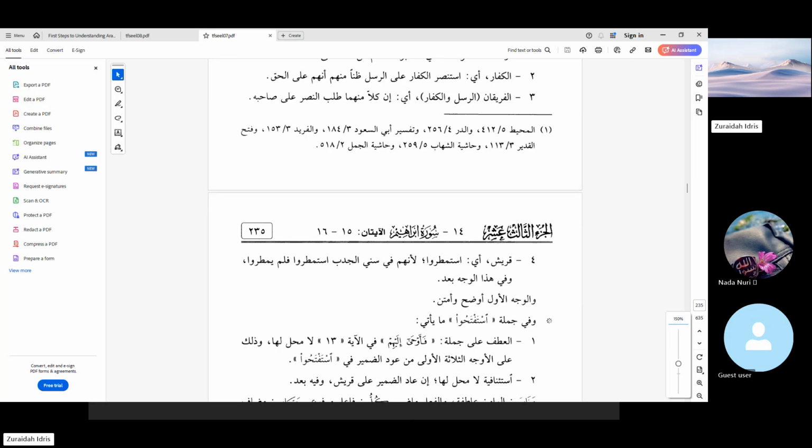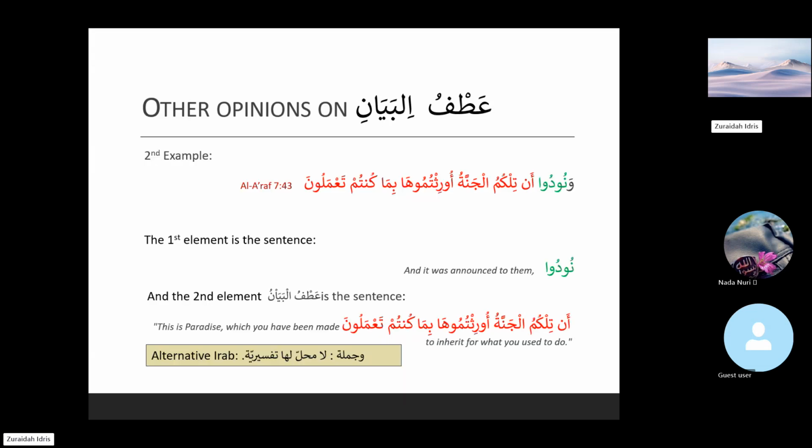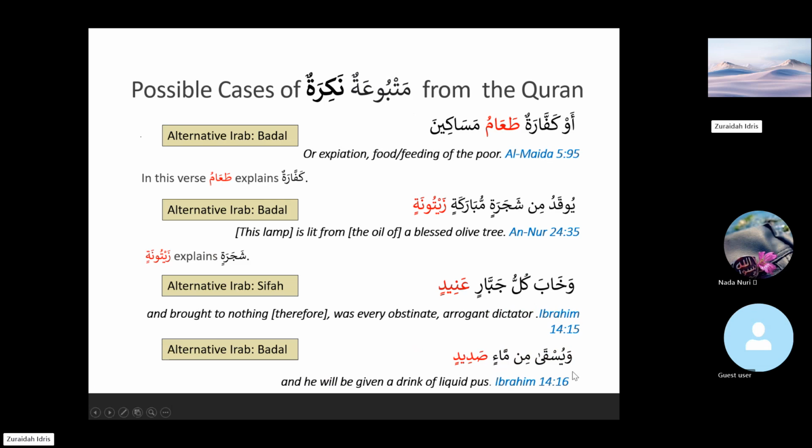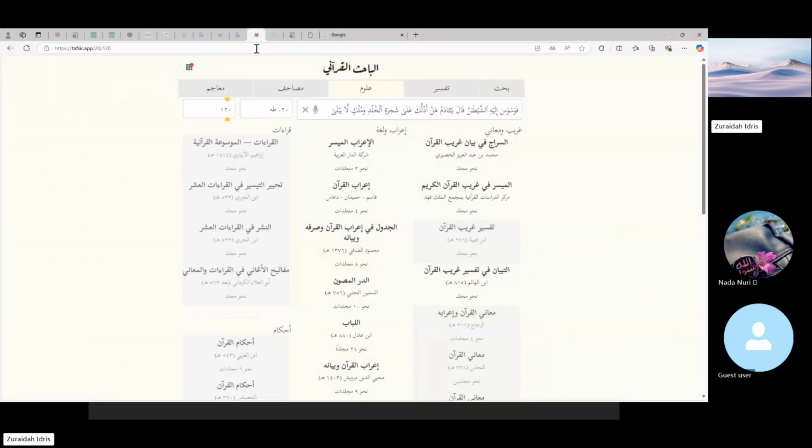Let me see whether we can. What's the ayah? I'm not looking at the right one. Nope, this is for sentences. So here, this one, 14:15. I couldn't find anything about that, but I was searching for it last minute.